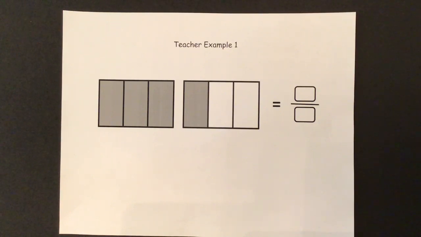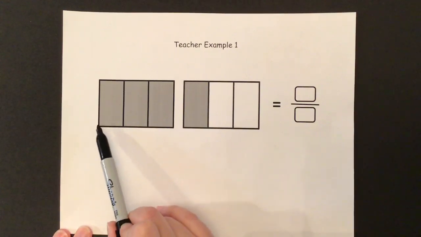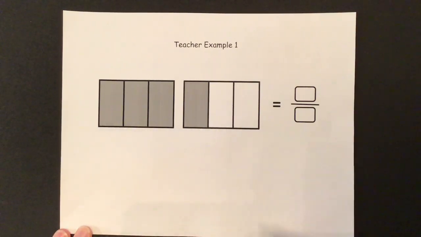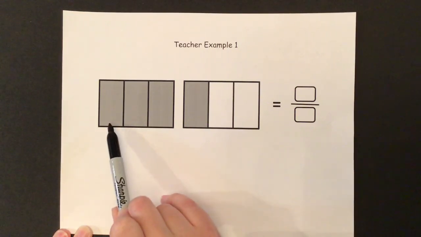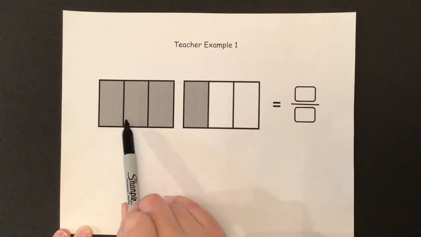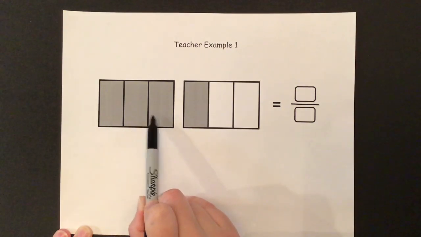Here I have my first example, and you can see that in this picture there is more than a whole. In order to write a fraction name for this amount, I need to figure out how many pieces each whole is divided into. And that number is my denominator. So if I count the pieces, I've got 1, 2, 3 pieces in a whole.